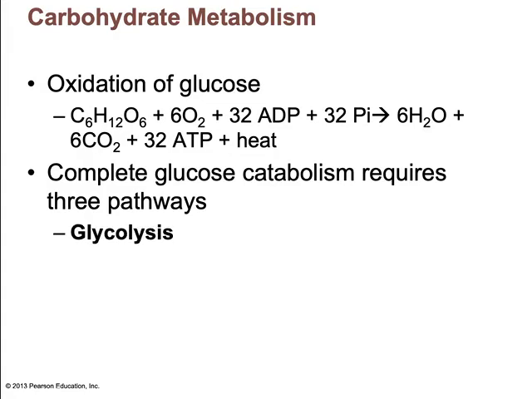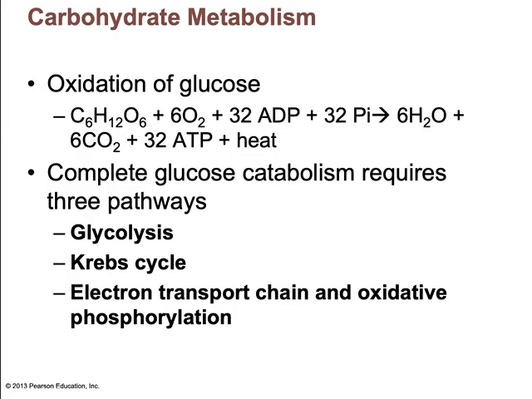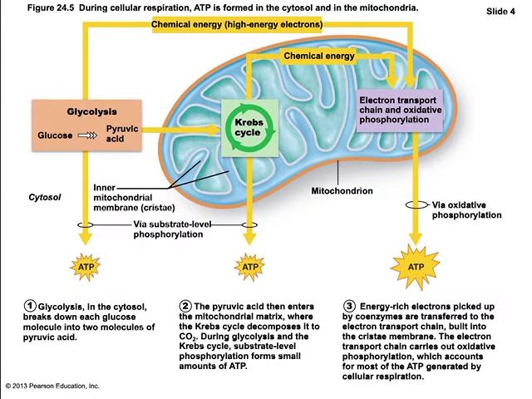So the three pathways are glycolysis, the Krebs cycle, and the electron transport chain. And we talked about where these things happen, right? So you can see where they're going on here, right? You've got the cytoplasm for glycolysis, right, where we take glucose and generate pyruvic acid and some ATP and some NADH, right?